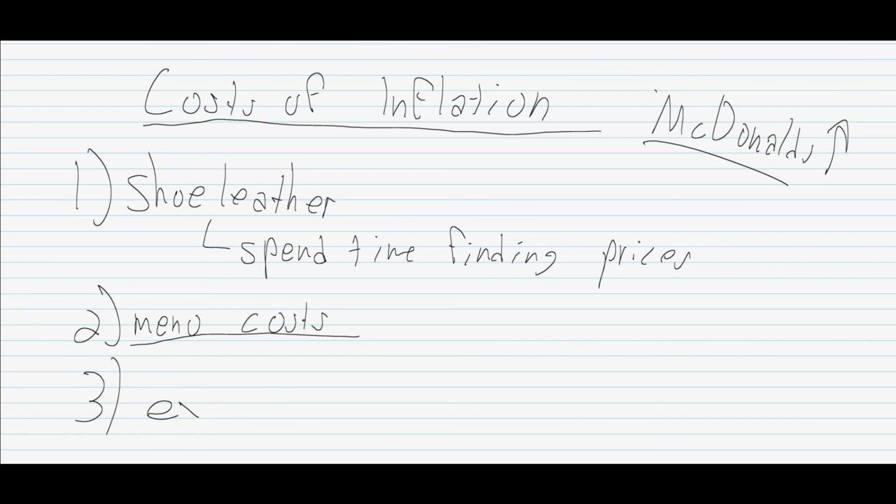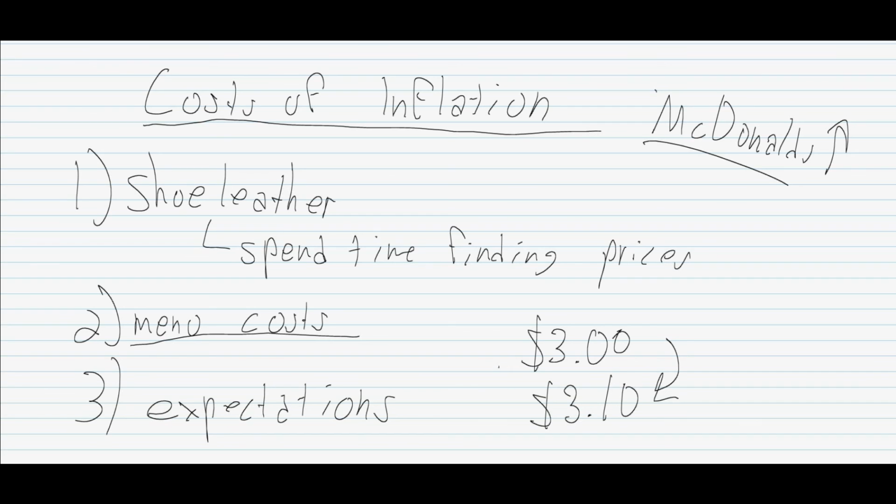Last is expectations. When prices get higher, we have to adjust to that. So let's say gas was $3, and then it increased to $3.50. You expected it to go to maybe $3.10 overnight. Well, now you're angry, right?